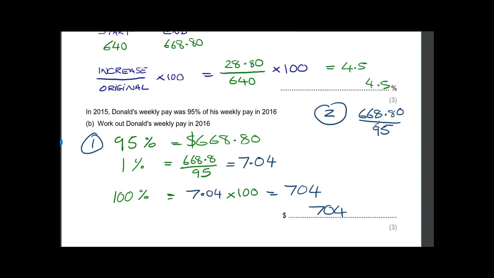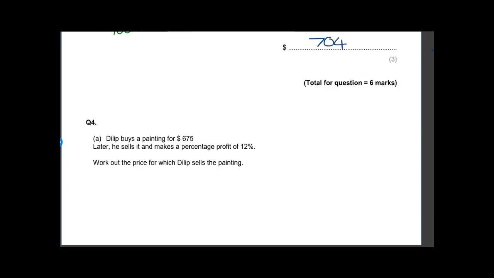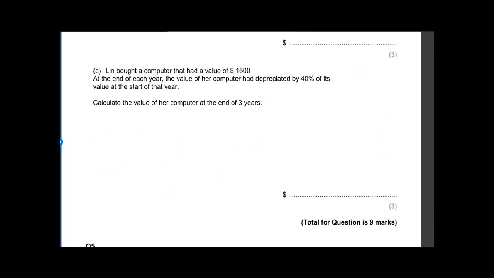But to do that quickly, dividing by 100 is the same as multiplying the denominator by 0.01. So that 95 is 0.95, you just divide that into it and you should get 704. That's your second way. Alright, I don't know where to stop here because maybe that's everything you needed. Should be able to do that.